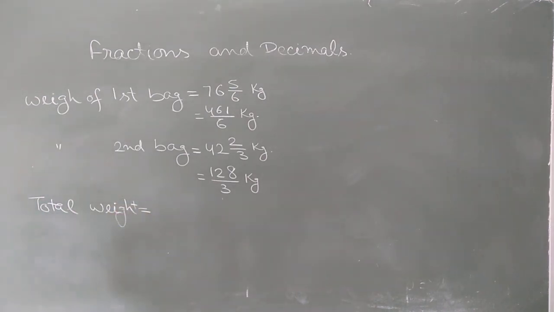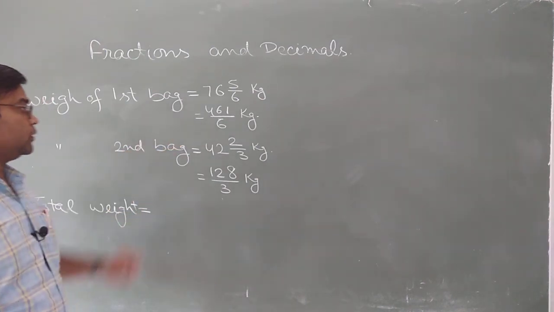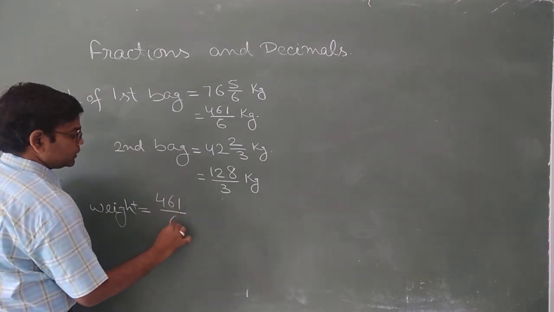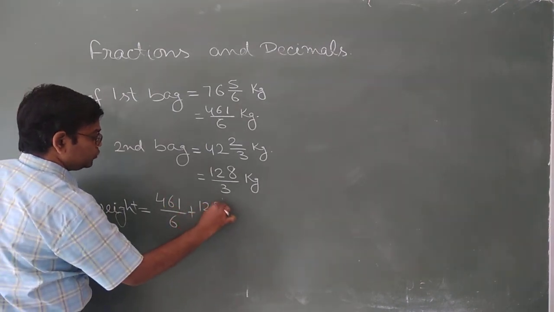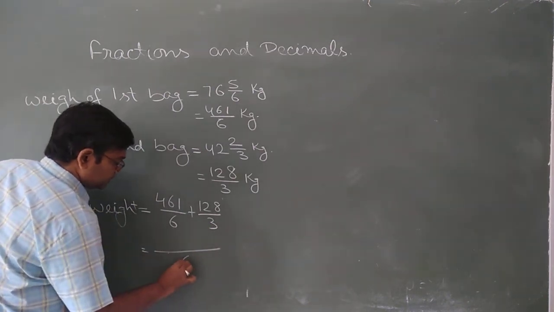weight is, we first find the total weight of these two. It's 461 upon 6 plus 128 upon 3. We add them, the LCM is 6.